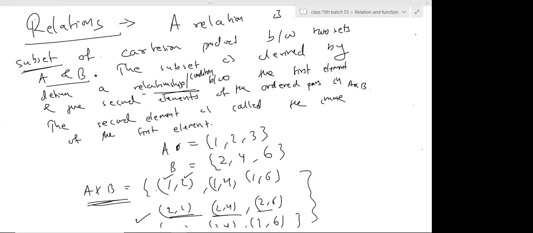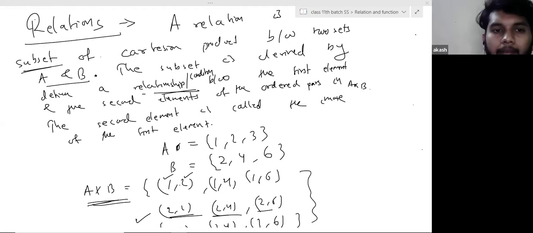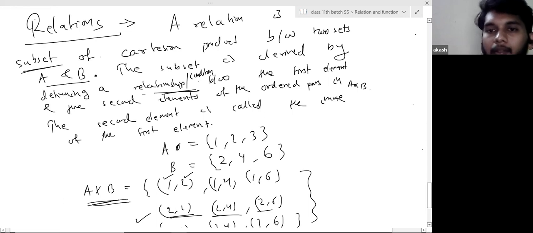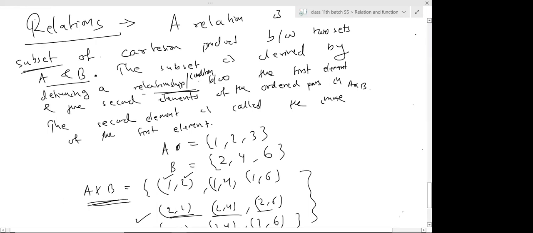What is written after derived by? Derived by defining a relationship or condition between the first element and the second element of the ordered pairs in A cross B. And what is the last word in the second last line?